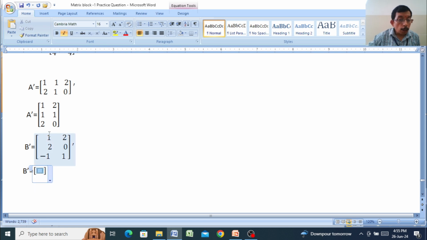Now the first column element is 1, 2, minus 1. Note down the first row: 1, 2, minus 1.